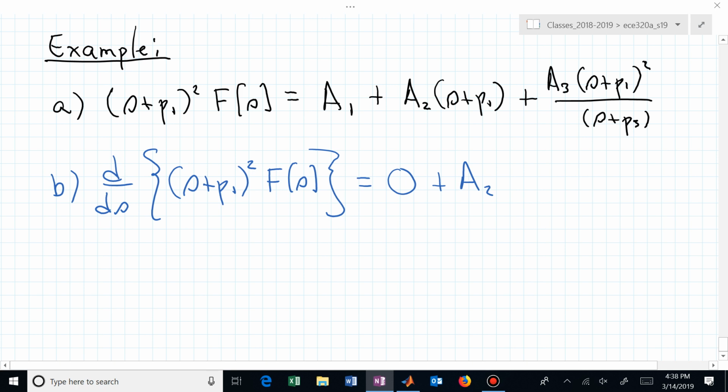You use your favorite strategy to take the derivative of a ratio or a quotient, right? Let me just write down what I did. I did the derivative of the numerator.